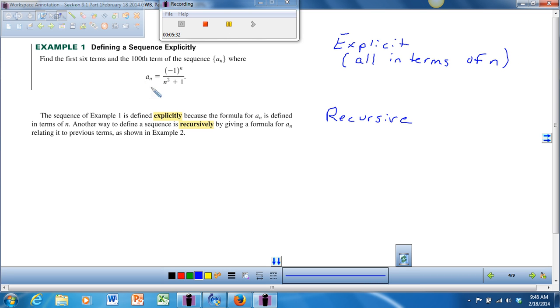So the example that we have here, a sub n equals negative 1 to the n over n squared plus 1, that is an explicit definition of a sequence. All I need to do is plug in a value for n to find the nth term. Does anybody remember what a recursive definition is from previous years, Samantha? Well, you have to find the number before it to get the next. That is the key. A recursive definition always uses the previous term to find the next term. So a recursive definition must use the previous term.